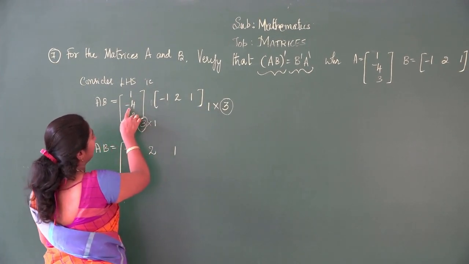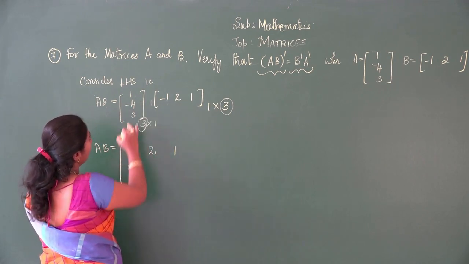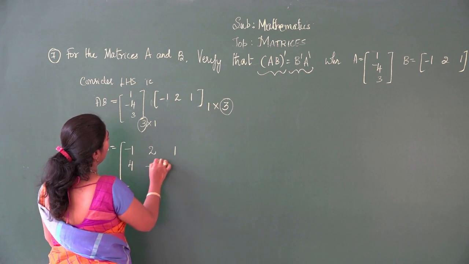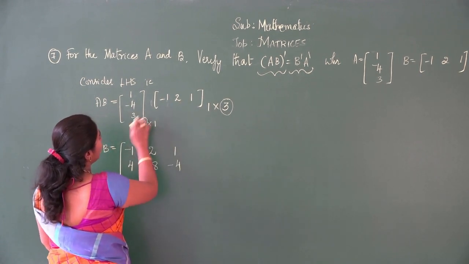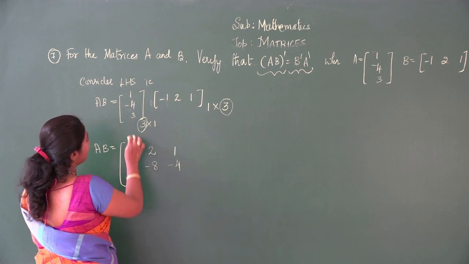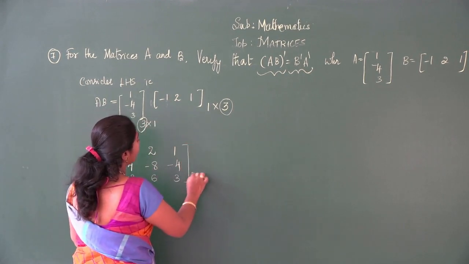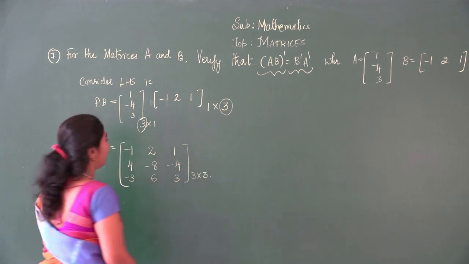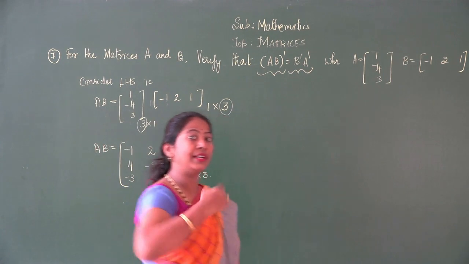Moving on to the second element, minus 4 into minus 1 is plus 4, minus 4 into 2 is minus 8, minus 4 into 1 is minus 4. 3 into minus 1 is minus 3, 3 2s are 6, 3 1s are 3, which is of order 3 cross 3. This is about matrix AB, but we are supposed to find what?